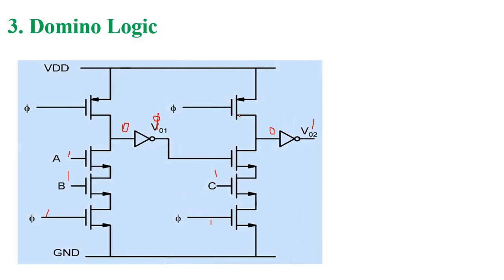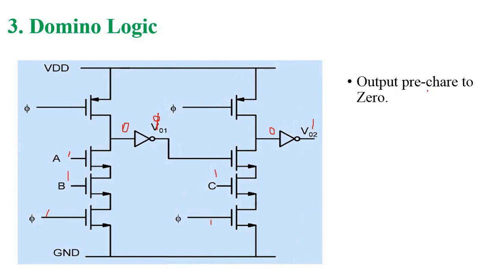NAND and NOR definitely need a complemented form, but domino logic is non-inverting, so we can't get the inverted output. So we can't implement NAND and NOR gates using domino logic. That is the only problem present in domino logic. Here the static power problem is not present and ratioed logic problems are eliminated.